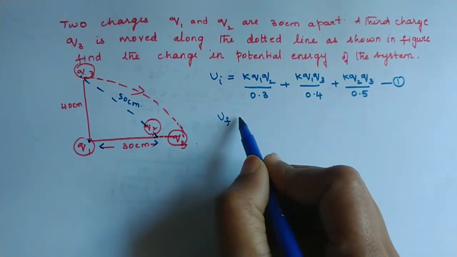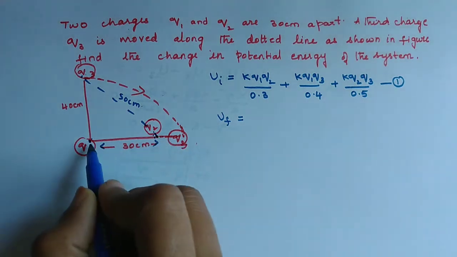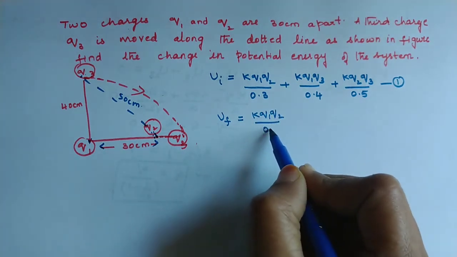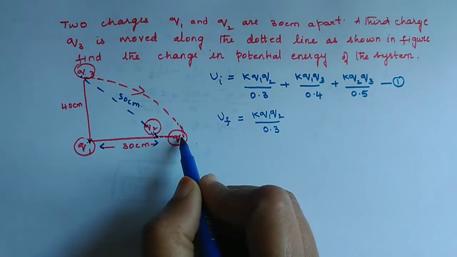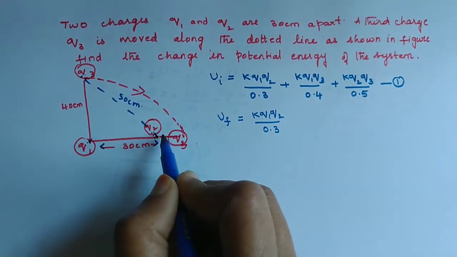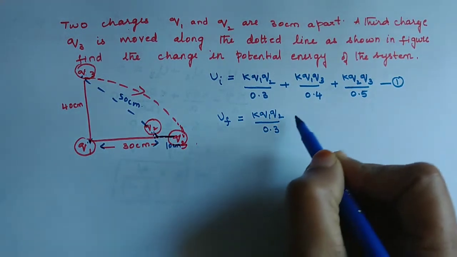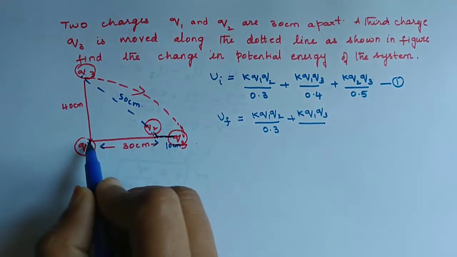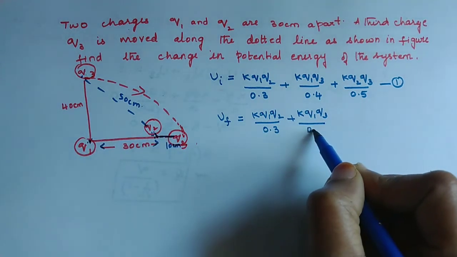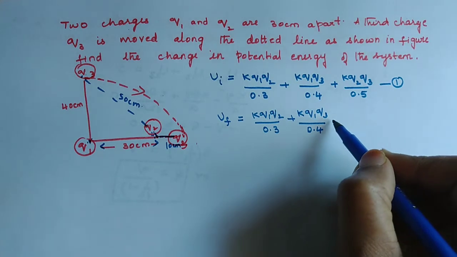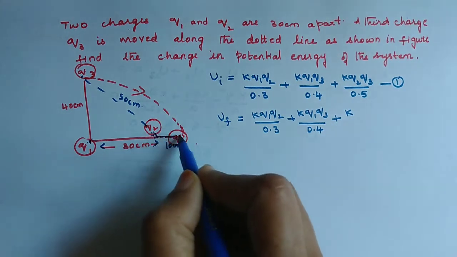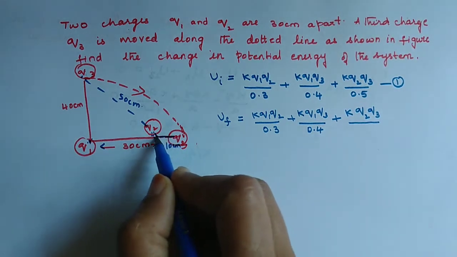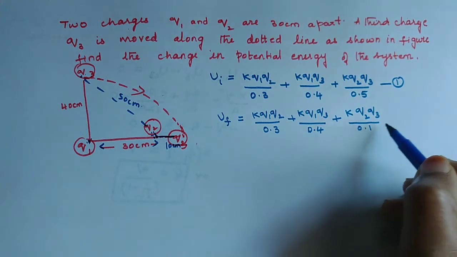Then the final potential energy for the linear arrangement: between 1 and 2, K Q1 Q2 by 0.3. Between 1 and 3, because it's brought along the arc of a circle, this distance would be 10 centimeter away from Q2, so plus K Q1 Q3, the distance between 1 and 3 would be 30 plus 10, that is 40 centimeter, 0.4 meter, plus K between 2 and 3, Q2 Q3 divided by the distance between 2 and 3, which is 10 centimeter, so 0.1 meter.